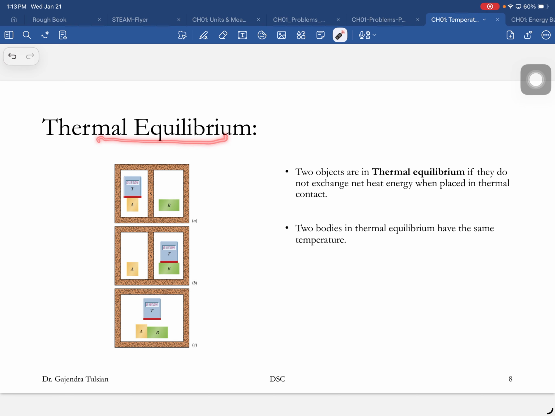Thermal equilibrium. What does thermal equilibrium mean? That there's no net heat energy exchange. Yeah. So when you're in thermal equilibrium, there's no net exchange of heat. That would mean that you're at the same temperature.